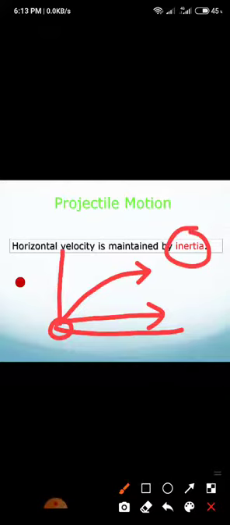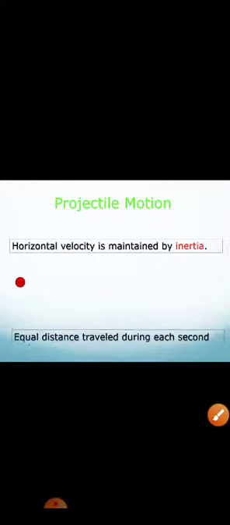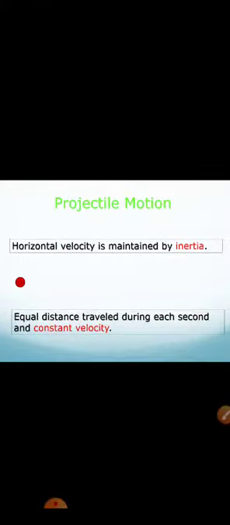Another thing, when you throw any ball, the motion has two parts, horizontal and vertical, but the horizontal motion is maintained by its inertia. Equal distance is traveled during each second at constant velocity.